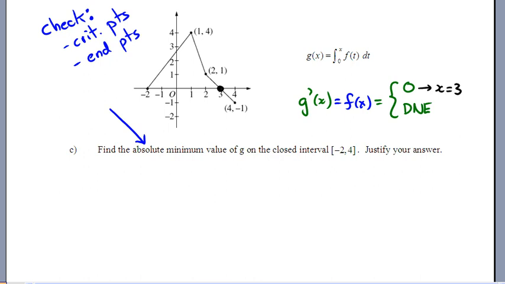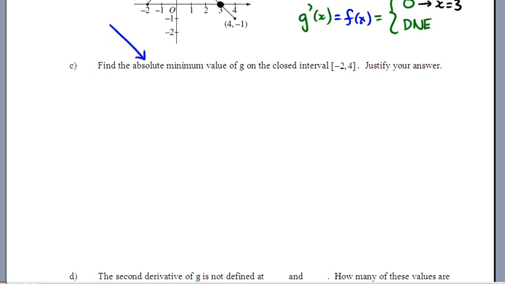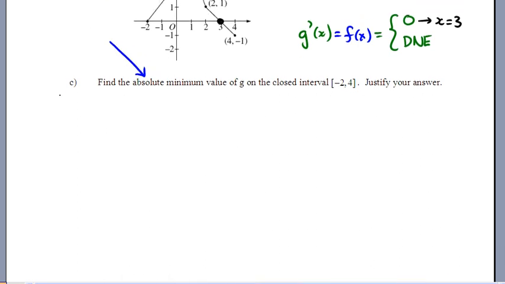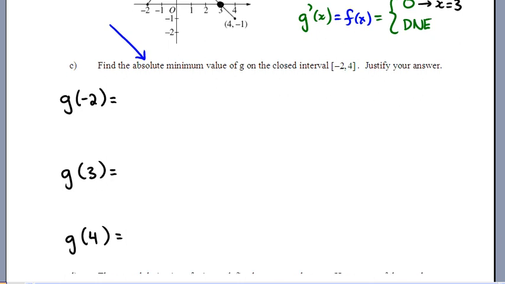Now I'm going to check all the possible points. It's just a case of thoroughly going through all of these. I should check my endpoints: G at -2, G at 3, and G at 4, and find out how much area has been gathered at each one, and then they want the absolute minimum. We just have to come up with those numbers, and then we'll be totally done.